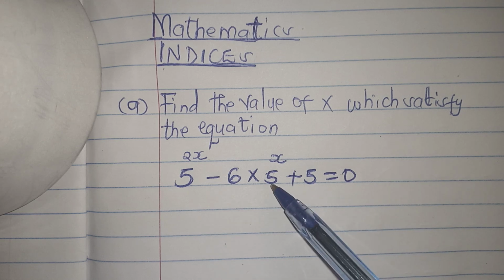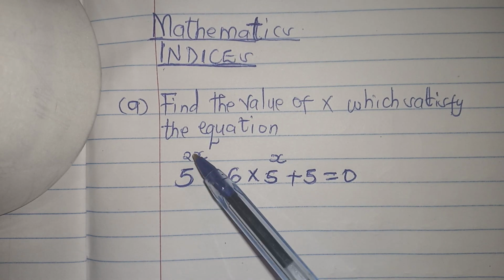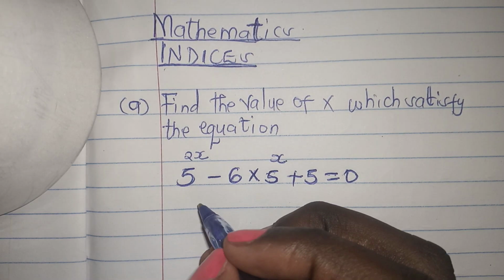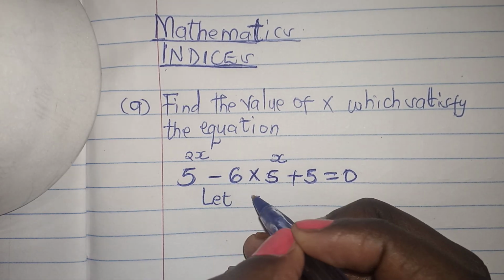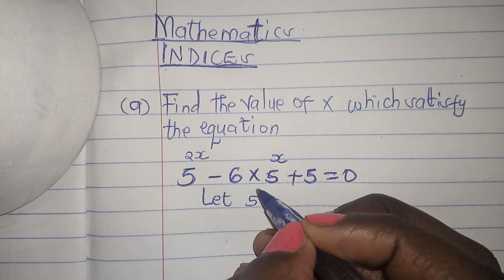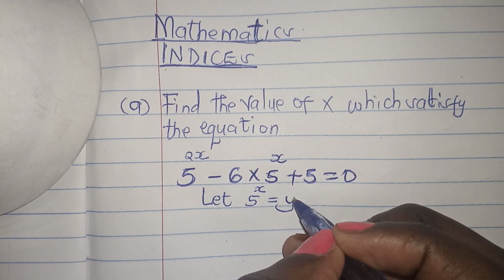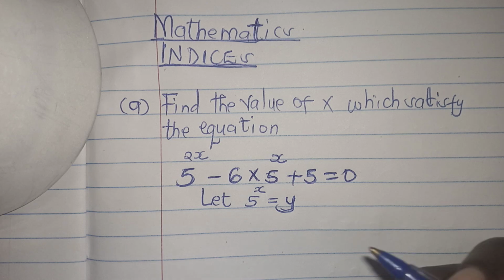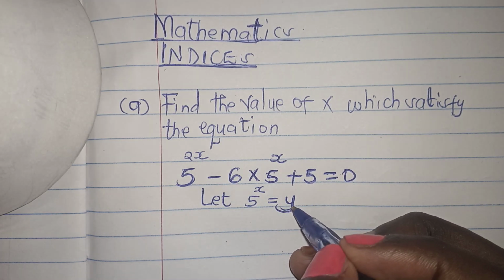So you can see here we have 5 to the power of x and we have 5 to the power of 2x. So you begin by saying let 5 to the power of x be y. You see, 5 to the power of x, this one here, be y.